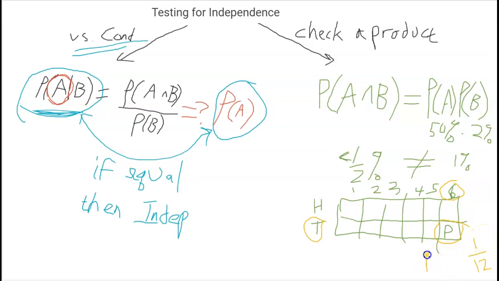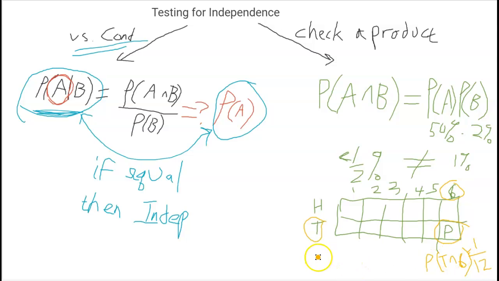Probability of a tail and a 6 is 1/12. Why? Because the die and the coin are both fair. So there are 12 results, and everything is equally likely when things are fair. So there's a 1/12 chance. Well, it's not a coincidence.